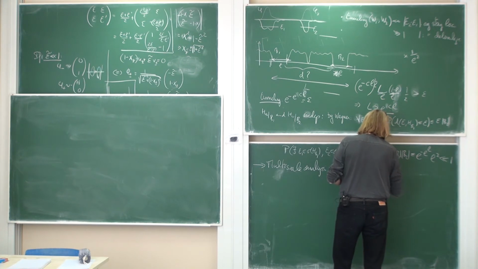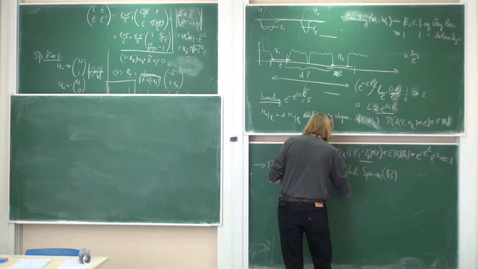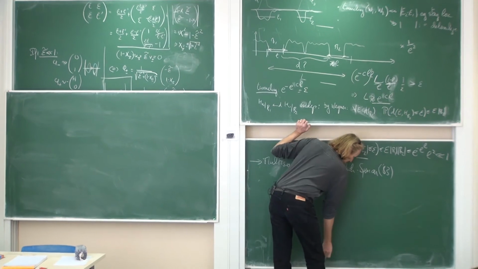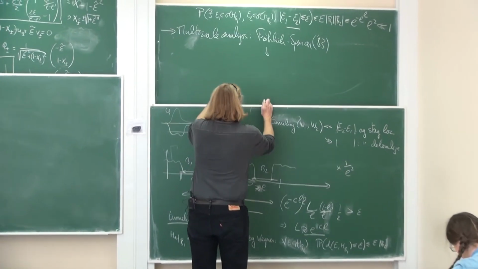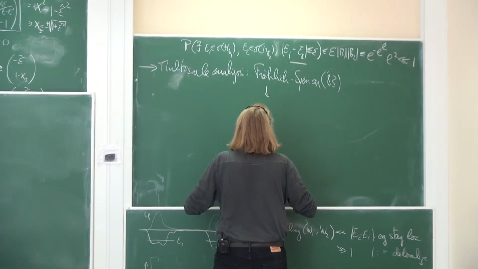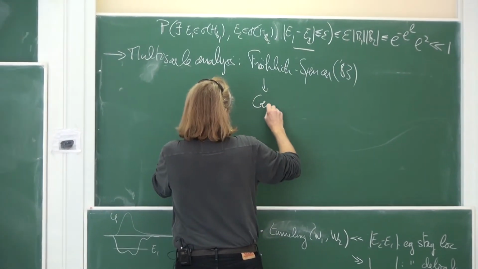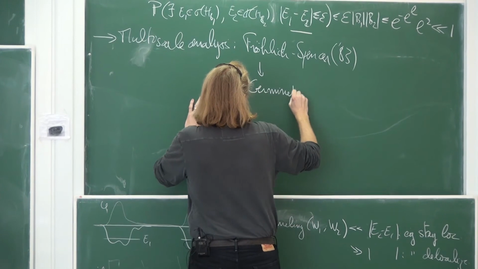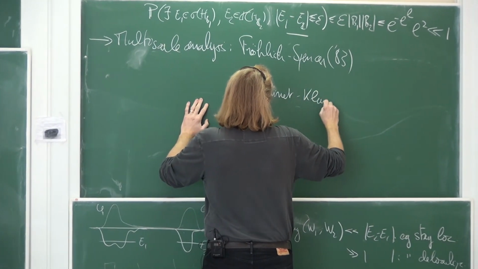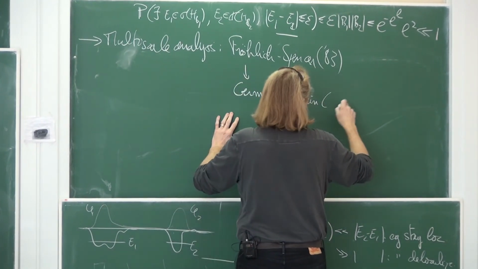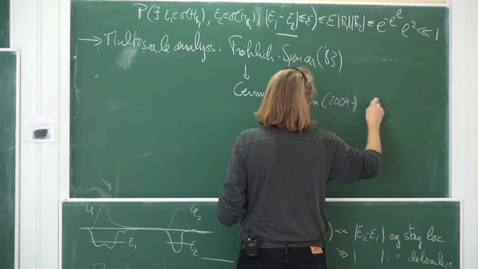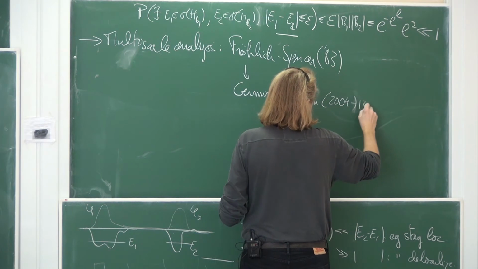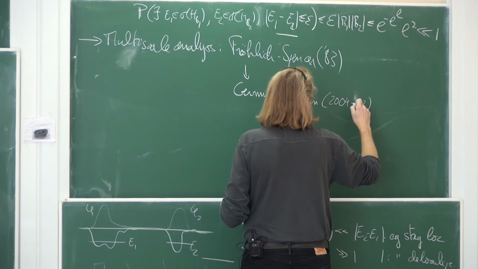It was refined by many people, and the most recent and complete versions of it are due to Germinet and Klein, in the early 2000s, 2004 maybe. They have some more work on it until '13, but they have a nice, useful paper.